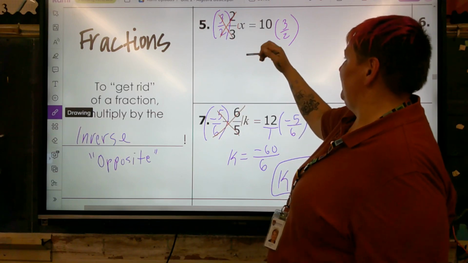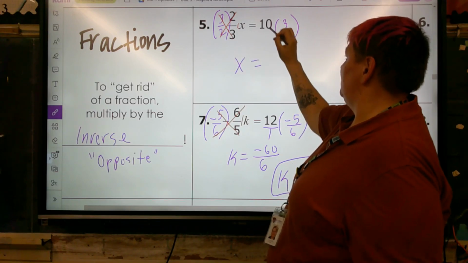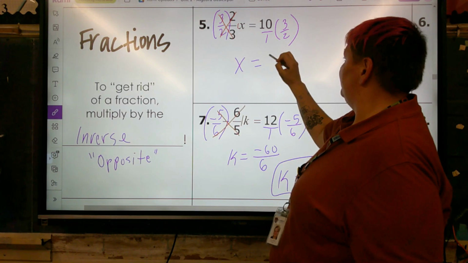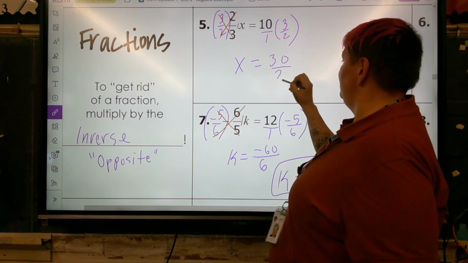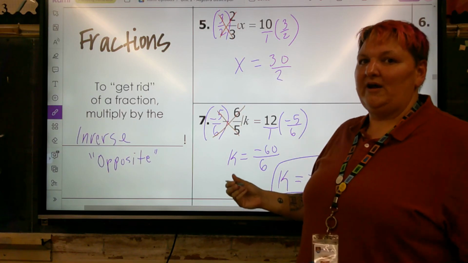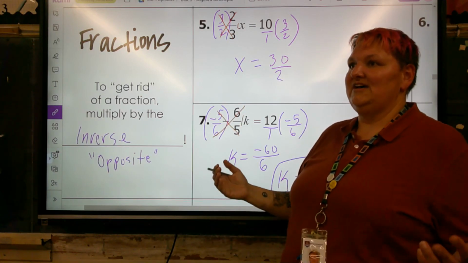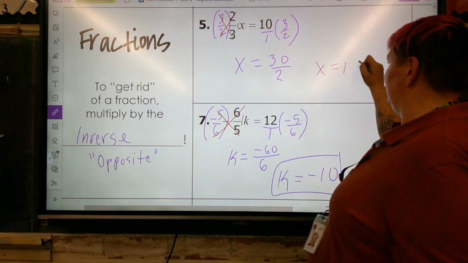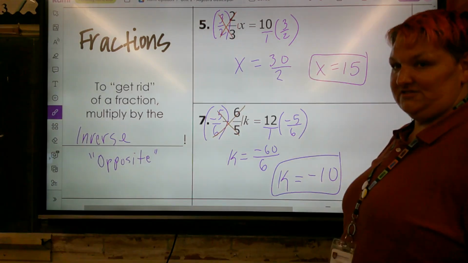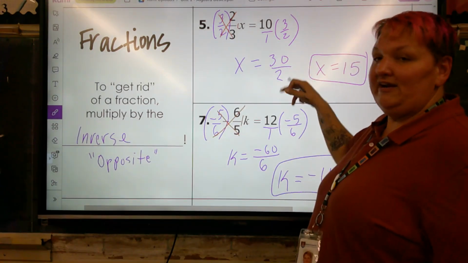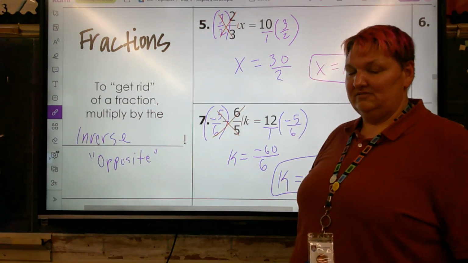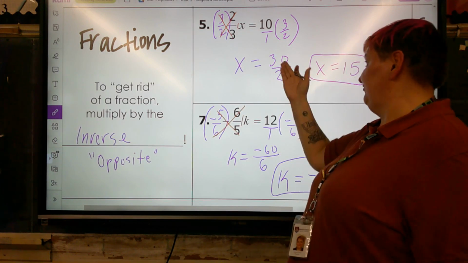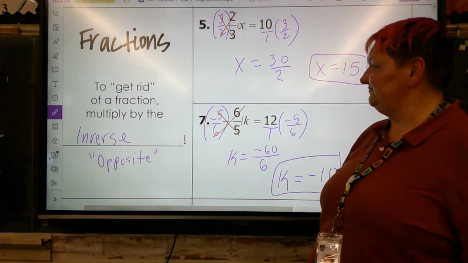And then we're left with x equals 30 over 2. And remember, when you're dividing by 2, it literally just means half. Half of 30 is 15. That's your answer.